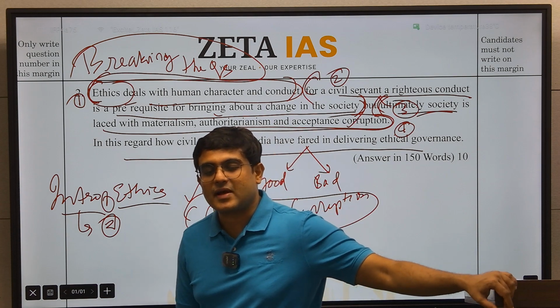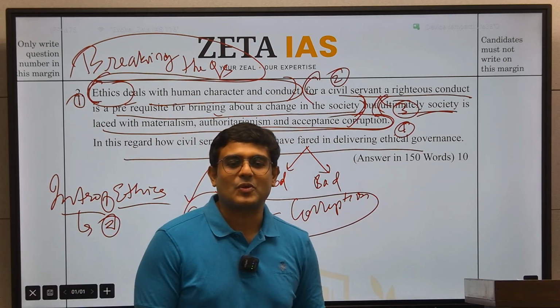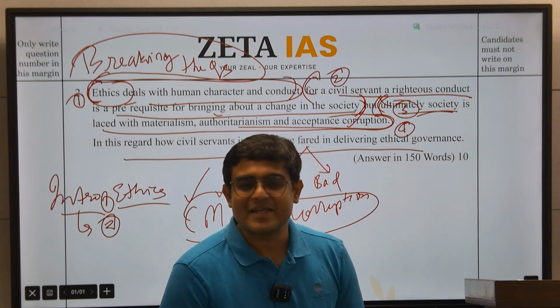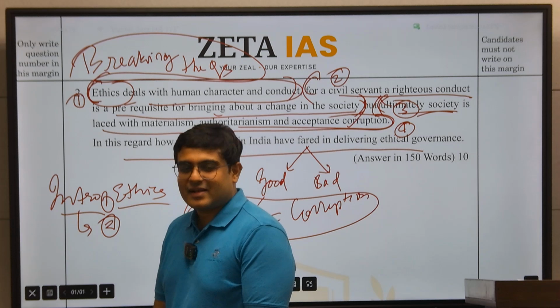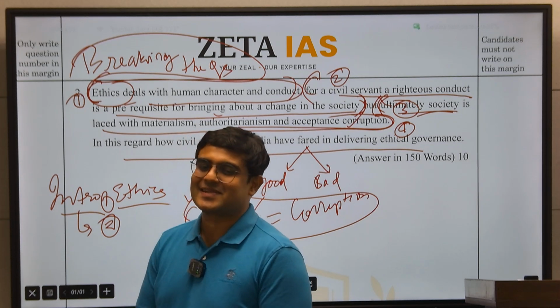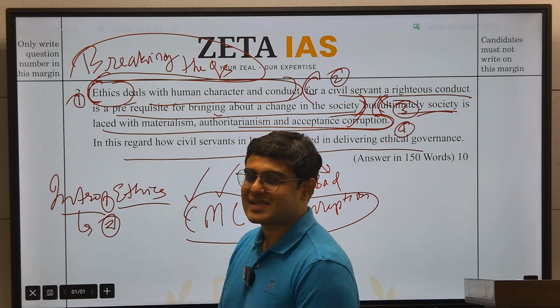People who are corrupt are respected in our society. People who are honest are looked down upon in our society. Even the ARC talks about this. Corrupt people are given prime posting. Honest people are given punishment posting.